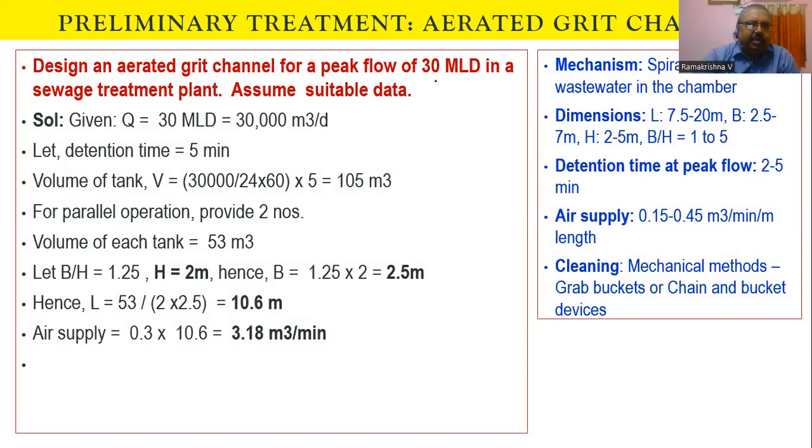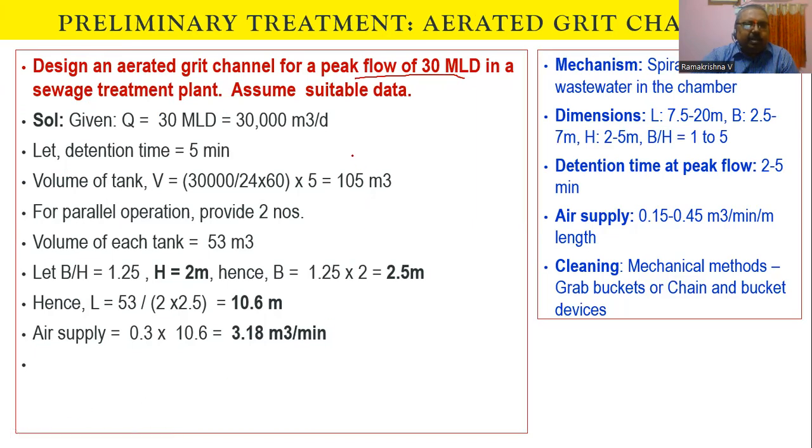For 30 MLD, we are designing for the peak flow, and we can assume some suitable data. 30 MLD is equal to 30,000 meter cube per day, because 1 MLD is equal to 10 to the power of 6 liters per day, and 1 meter cube is equal to 10 to the power of 3 liters.